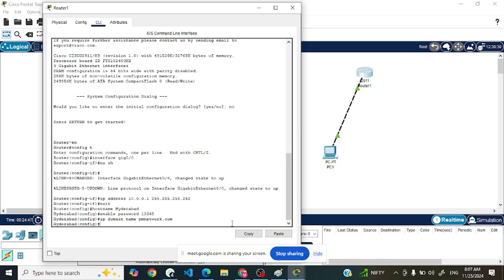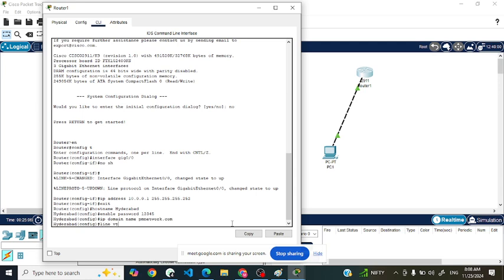And then the crypto key generate. No, you should define the crypto key size only after configuring the SSH username. Okay, sir. It's not a good practice.